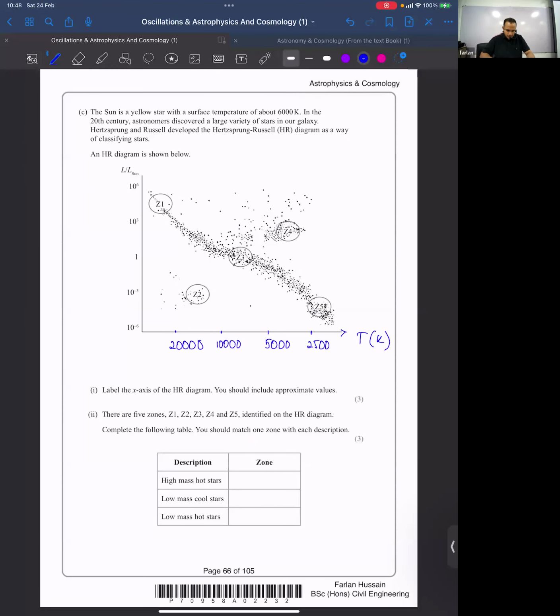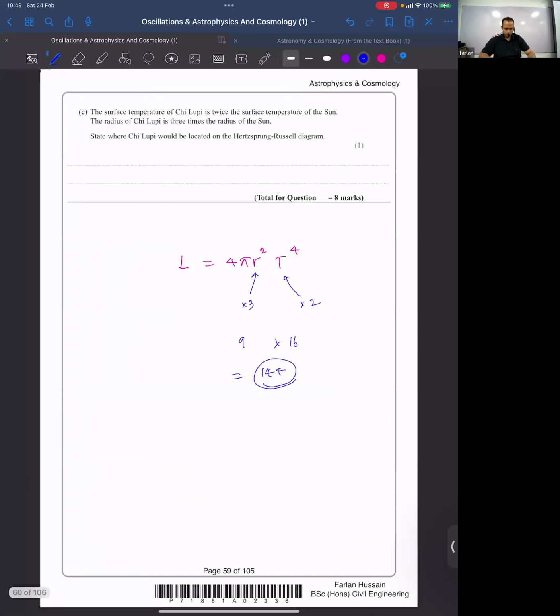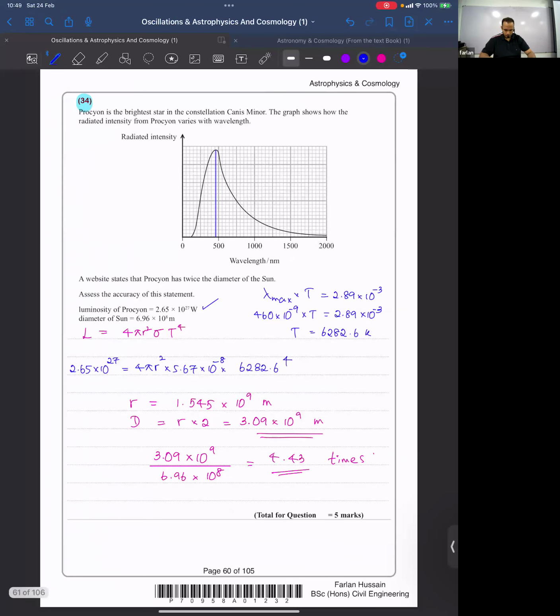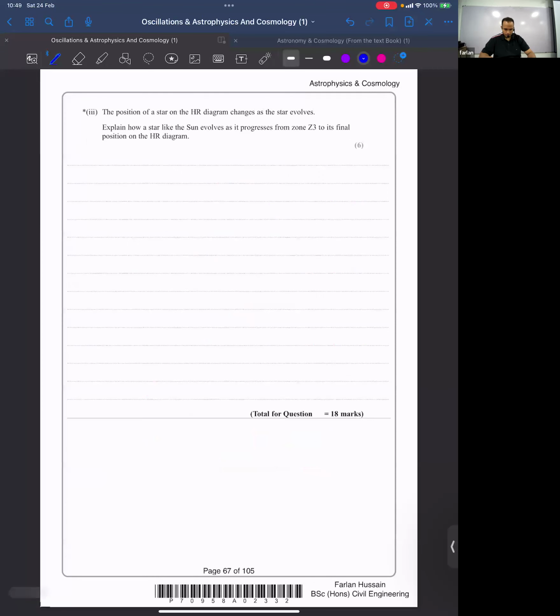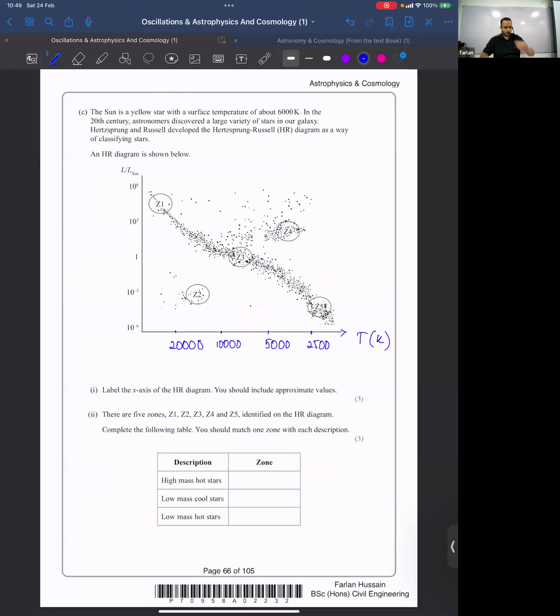Read the question. Page 66, we have already answered question 37, part A and B. Part C is what we have to answer. Read the part C.